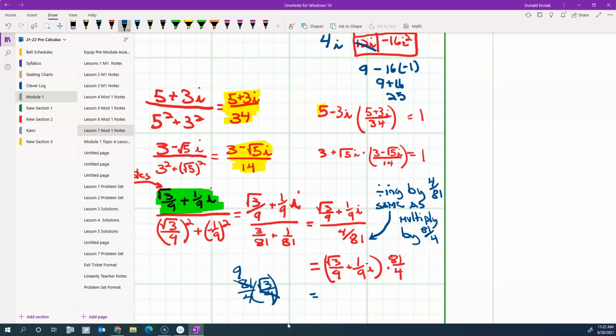That's going to be 9. So this is going to be 9 root 3 over 4 plus, and when I multiply the second one, 1 over 9 times 81 over 4, I get 9 over 4 i. And there's your inverse.